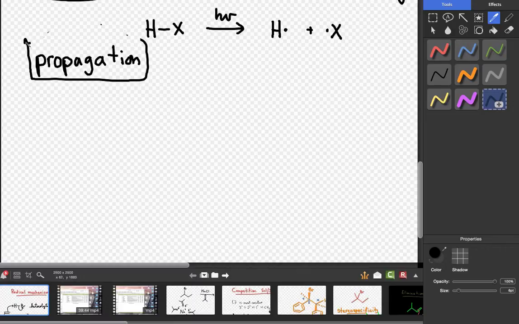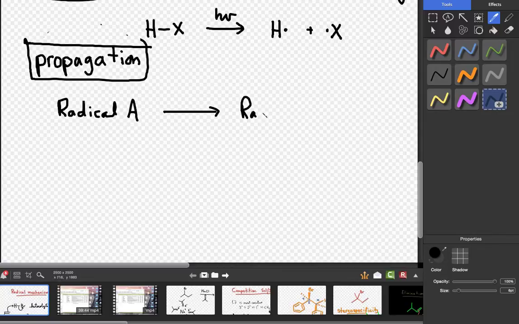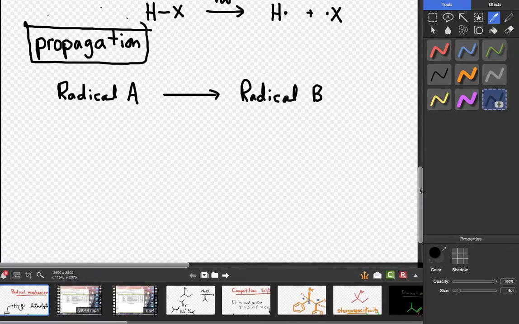So propagation is where radicals are reactants. So I may have radical A, and it's going to be converted to a different radical, like radical B. Let's look at some examples of this.